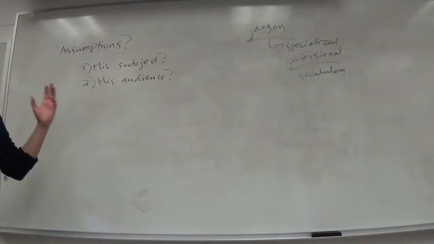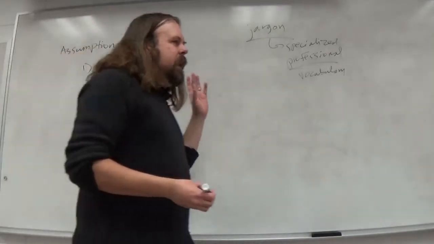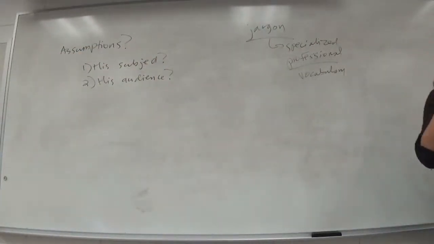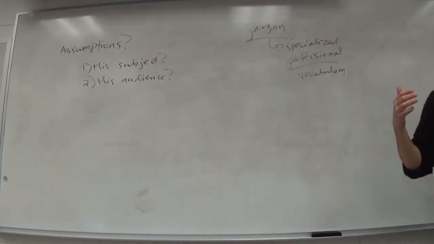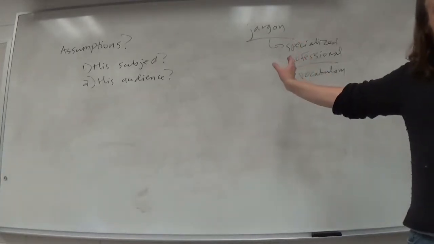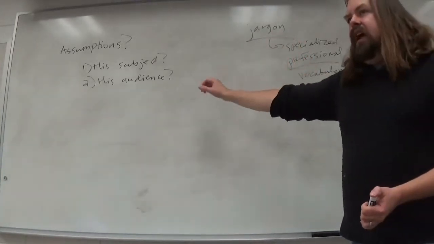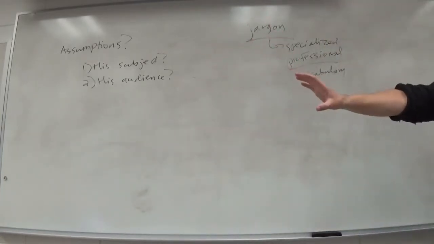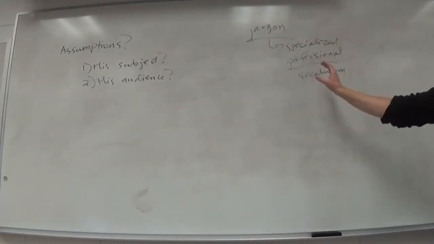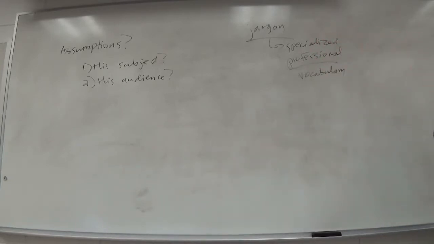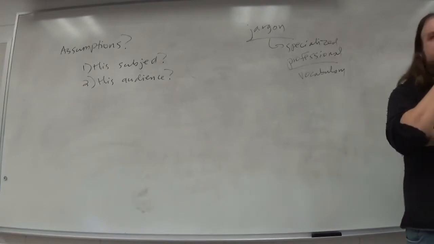So, if an author is using a lot of jargon words and not bothering to define or explain them, this means they expect that you already know these words and are already part of the field, right? Now, if they are using a lot of jargon and taking the time to explain and define it, then what does that suggest about the assumption they're making about the audience?